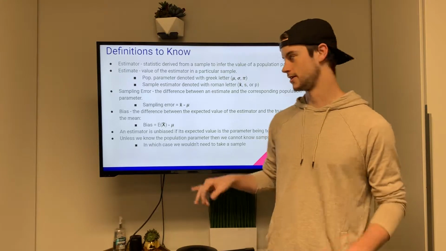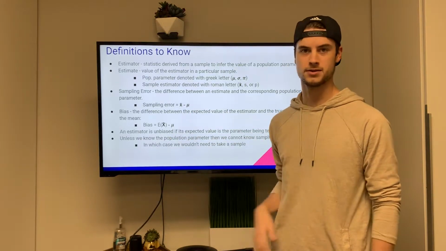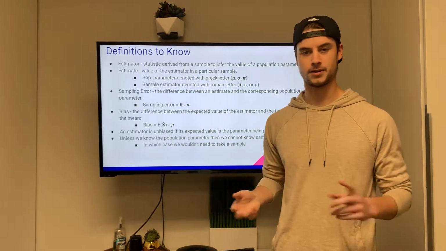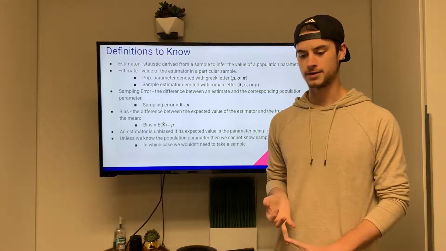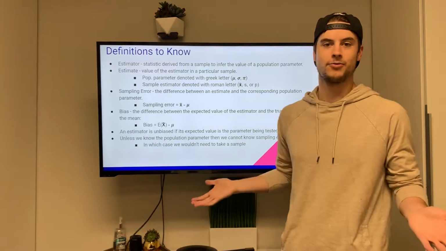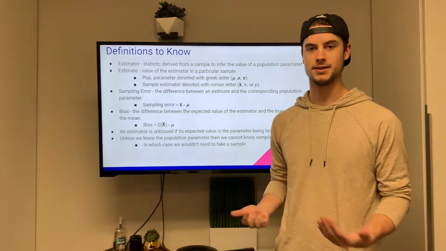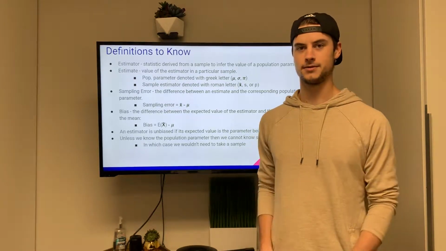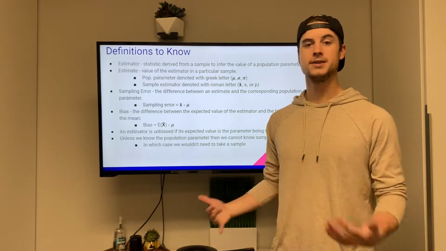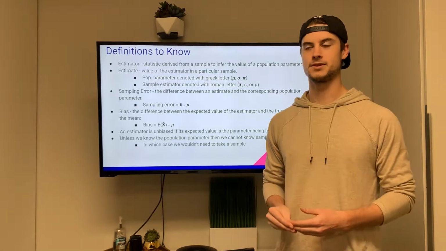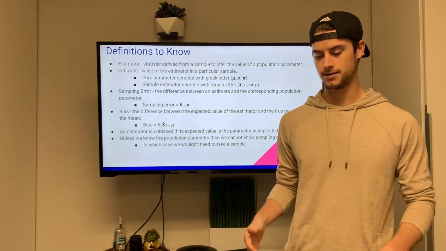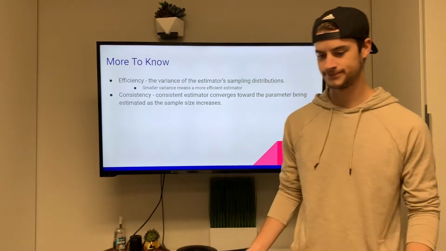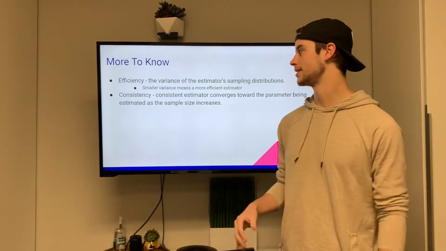Obviously, if we don't have our population mean, there's no way we can find our sampling error or our bias. And if we knew the population mean and standard deviation, we wouldn't even need to take a sample. You wouldn't need to, but if you wanted to, just to knock down your numbers, you can. That's just a little thing to know.